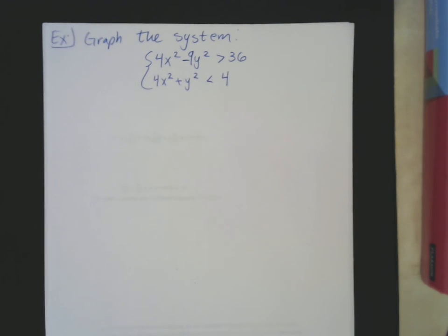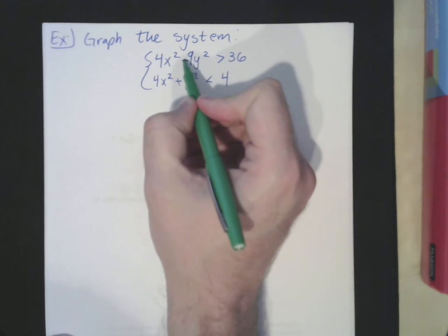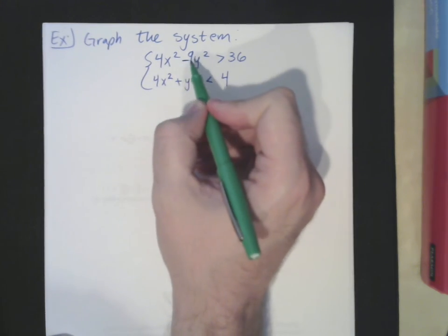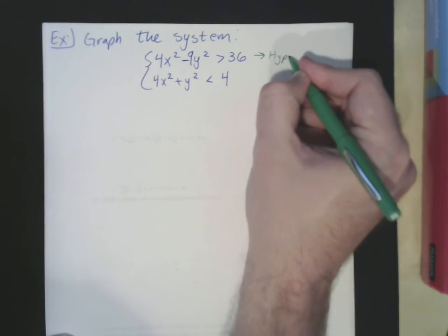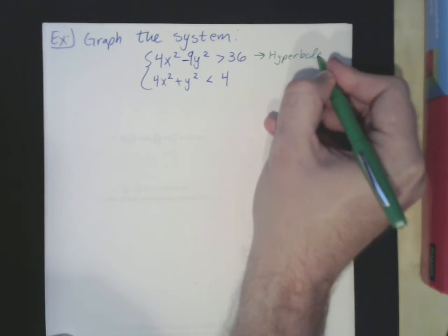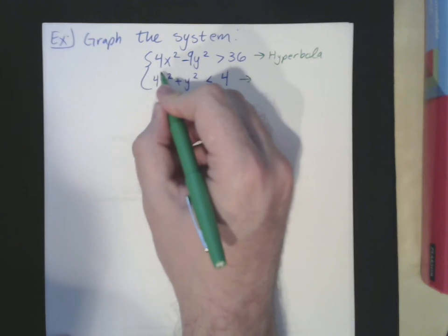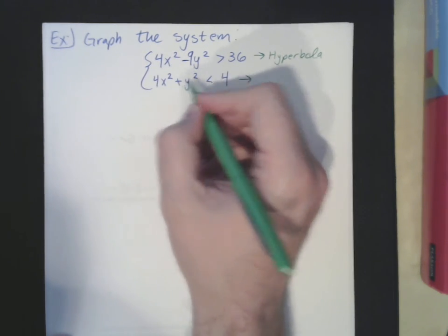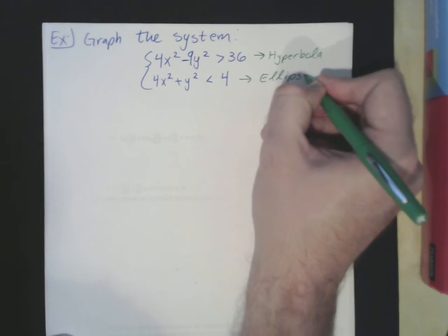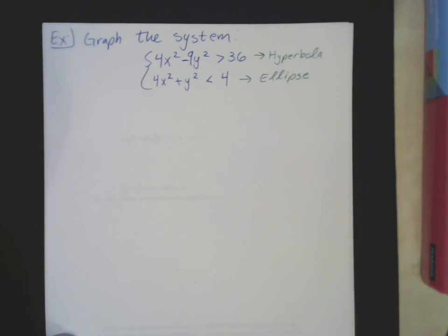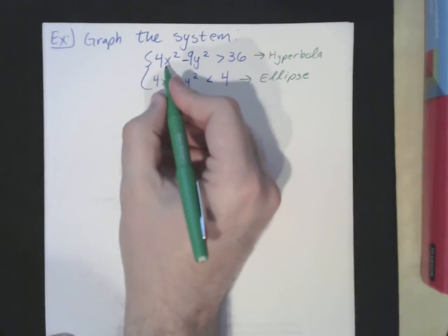So step 1, write these things in standard form. We have a minus here, so that tells me this is probably a hyperbola. Since we have both pluses here and these numbers are not the same, this is probably an ellipse. I say probably because until you put them into standard form, you can't be sure.